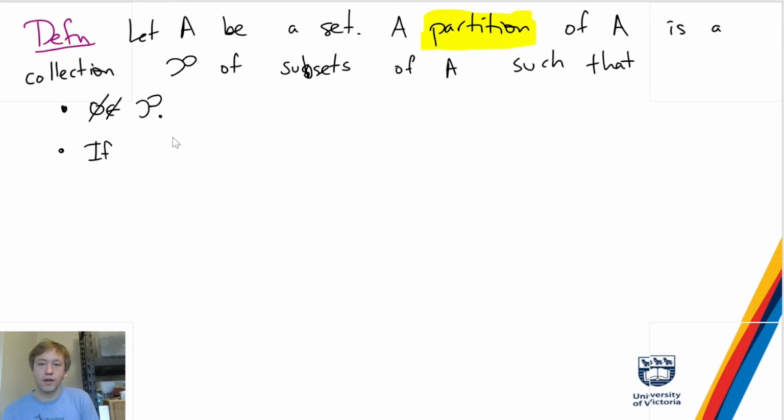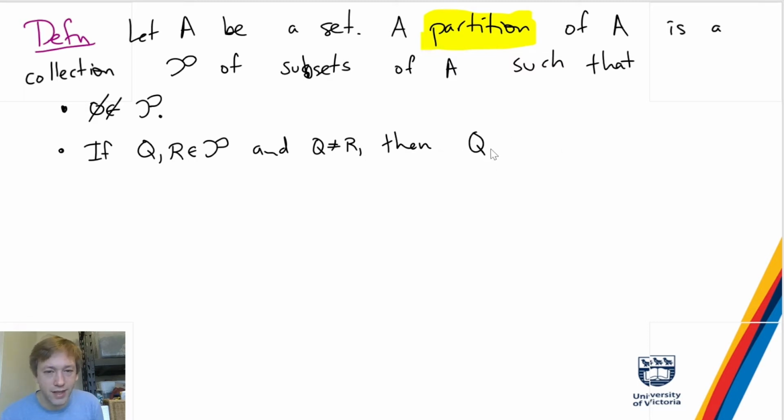So if, let's say, Q and R are in P, and they're not the same set, so Q is not equal to R, then they have to be disjoint. Disjoint means that they have empty intersection.